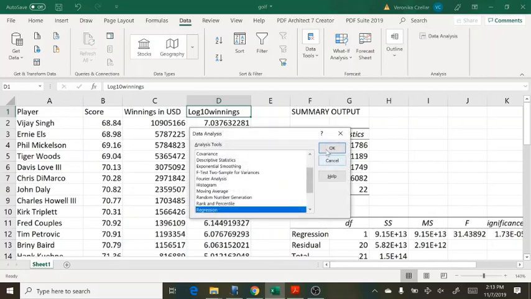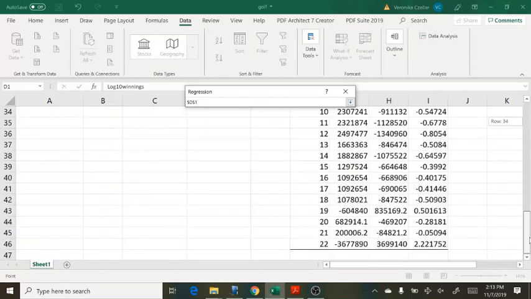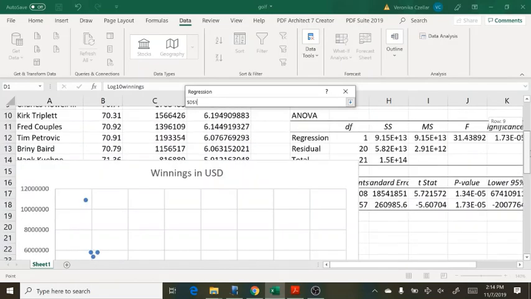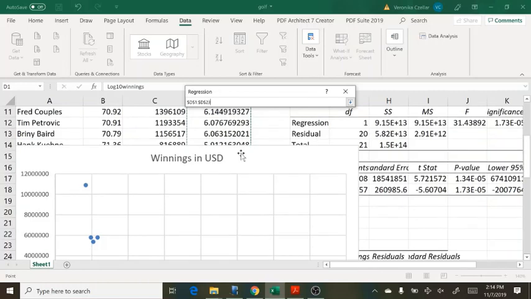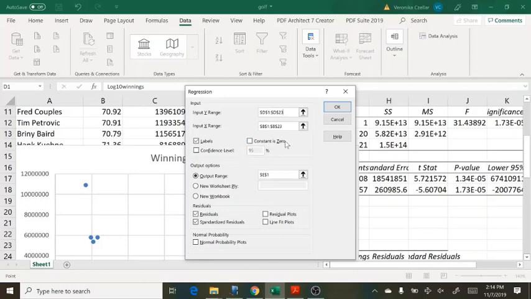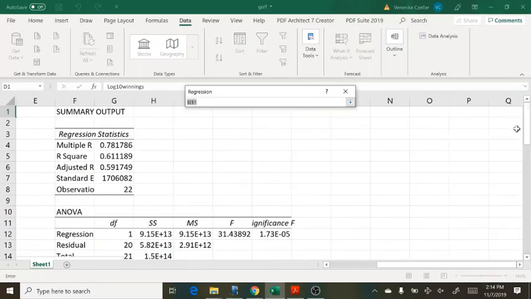Let's do a regression now of the log winnings. The X range is the same, and I would like the output to be displayed here.